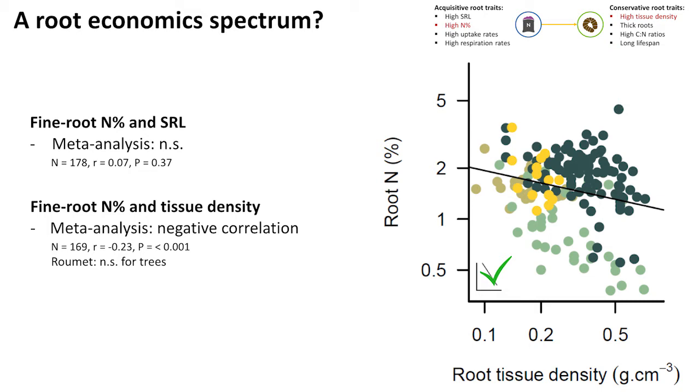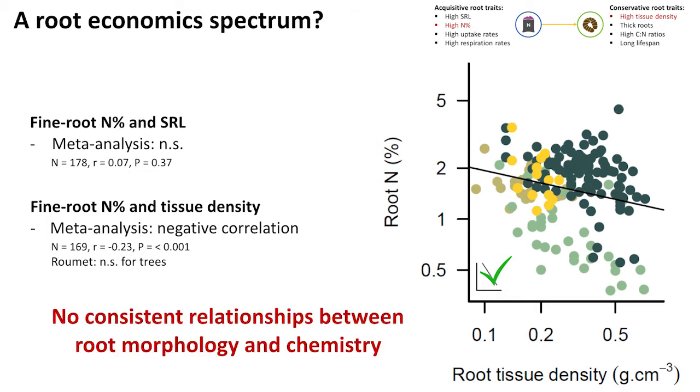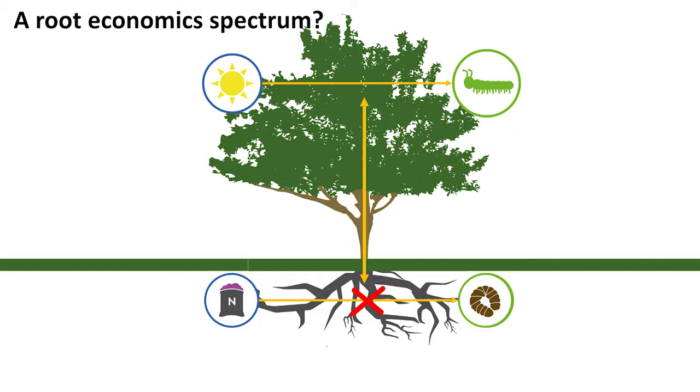So basically, species that have dense root tissue have a lower root nitrogen content. So we have more data, but still we did not find clear, consistent relationships between root morphology and root chemical traits. So from these results, we concluded that there's basically no evidence of a root economic spectrum in which root traits are correlated to each other in the expected trait syndromes.